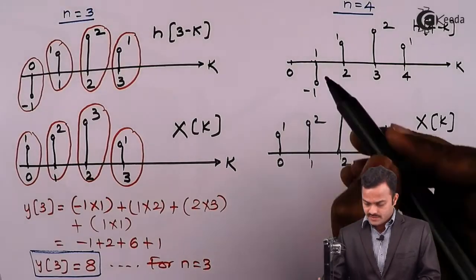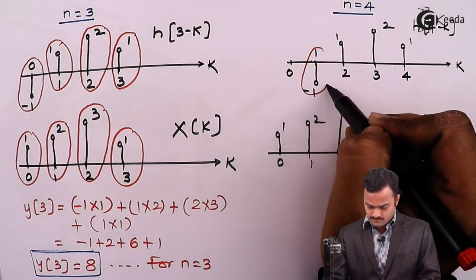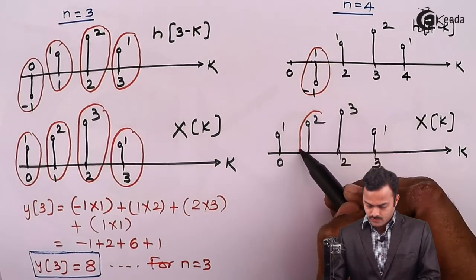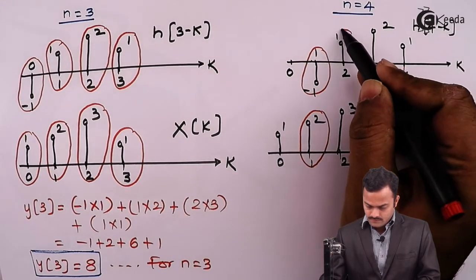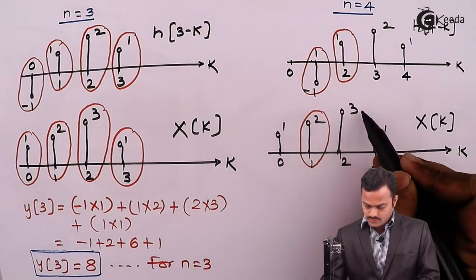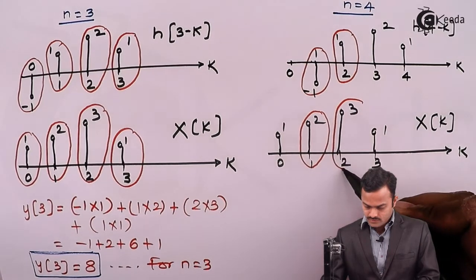Now the sample points are for the instant n equal to 1, for the instant n equal to 2 and for n equal to 3.